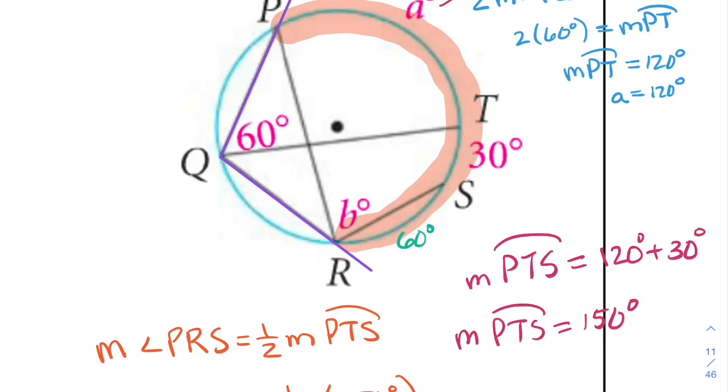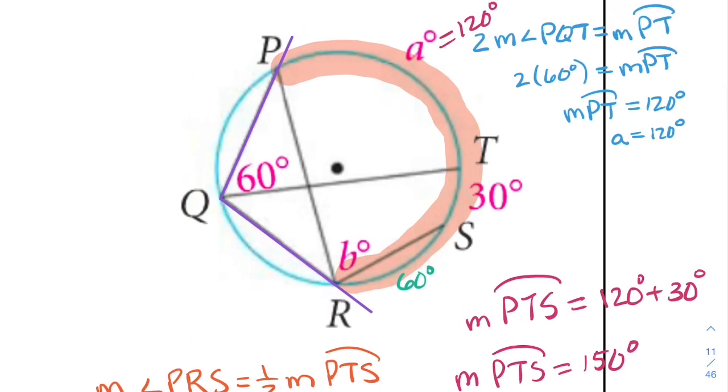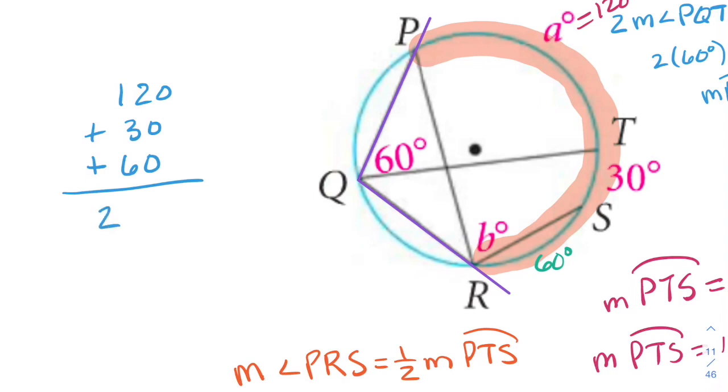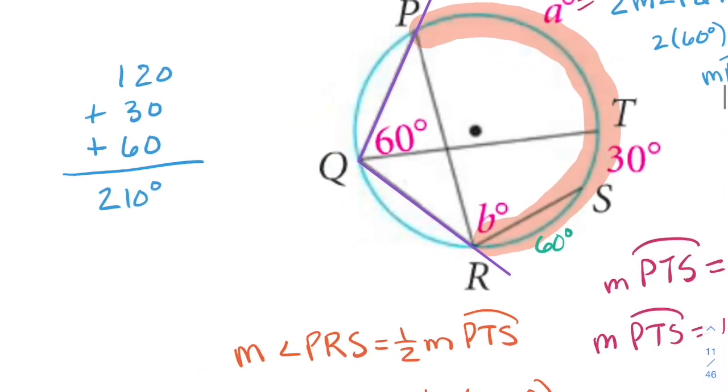So what I need to do is add 120, 30, and 60. So I'm going to do 120 plus 30 plus 60. And that's equal to 210 degrees, right? 12, 13, 14, 15, 21. Yeah, 210 degrees.